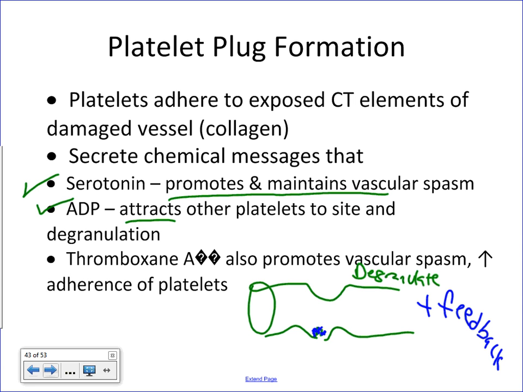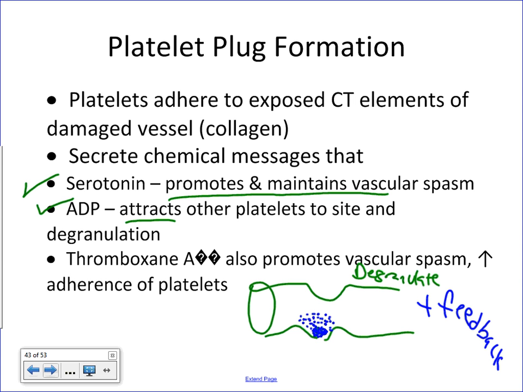As long as these collagen fibers are exposed and there's a hole in this vessel, more and more platelets are going to stick to these. And as platelets stick to these, they're going to release more of these chemicals into the bloodstream. And then more platelets are going to get attracted to this area, and then more and more chemicals are going to be released. See how this is an amplifying process here?